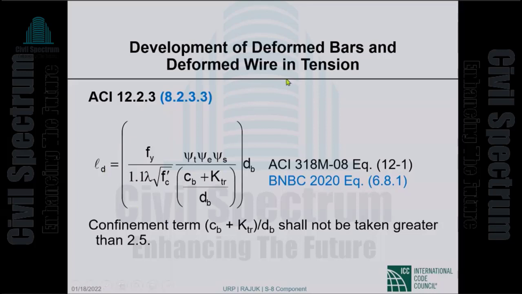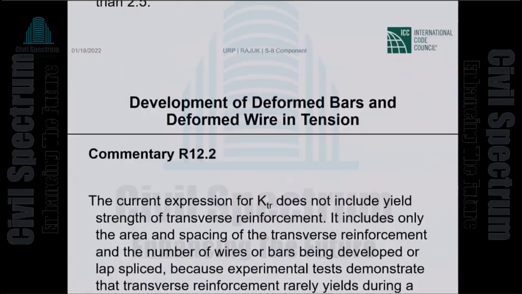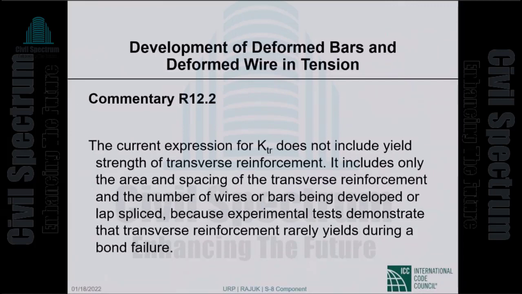Confinement term C sub B plus K sub TR divided by D sub B, this whole thing shall not be taken any greater than 2.5. So when you calculate it, if it comes out larger than 2.5, you will take it equal to 2.5. The current expression, this is commentary for K sub TR, does not include the yield strength of transverse reinforcement.